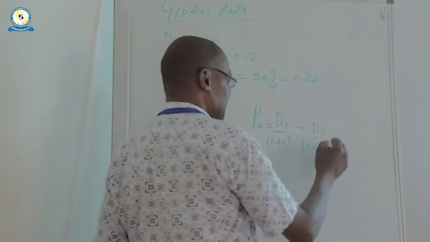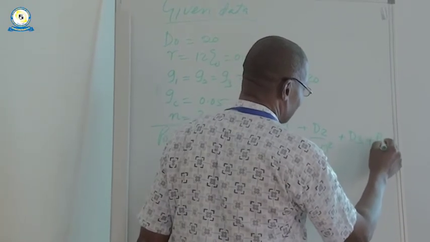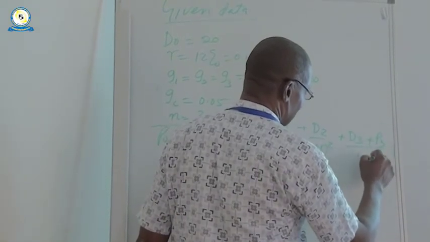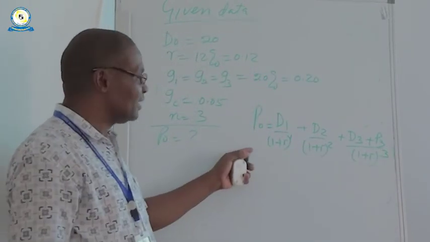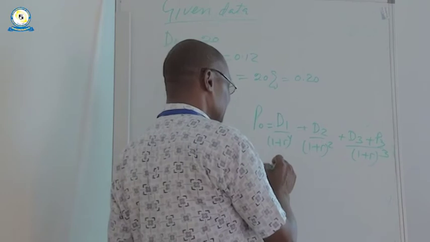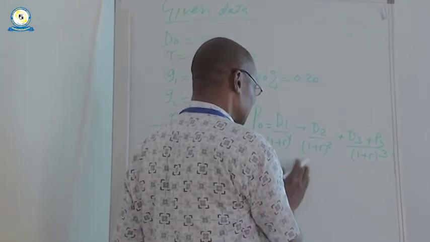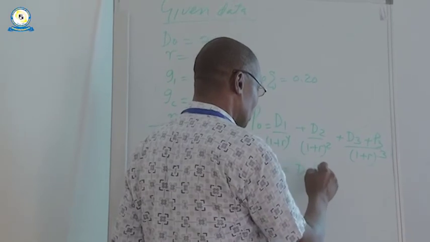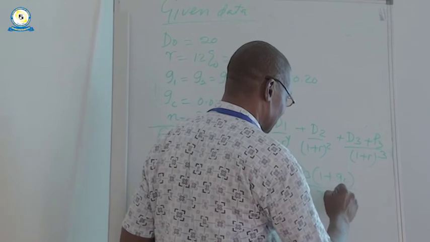And for the third year, D3 plus P3 over (1 plus r) power 3. This is our general formula. But P3 will be given by D3 (1 plus gc) over (r minus gc).